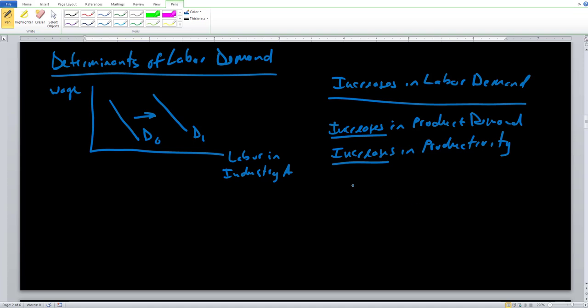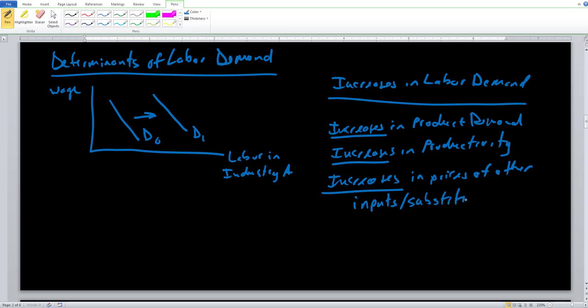And then finally here, we have the most unusual one out of all of them. There we have increases in prices of other inputs. And with other inputs, we can say that there's going to be some degree of substitutability. So substitutes.